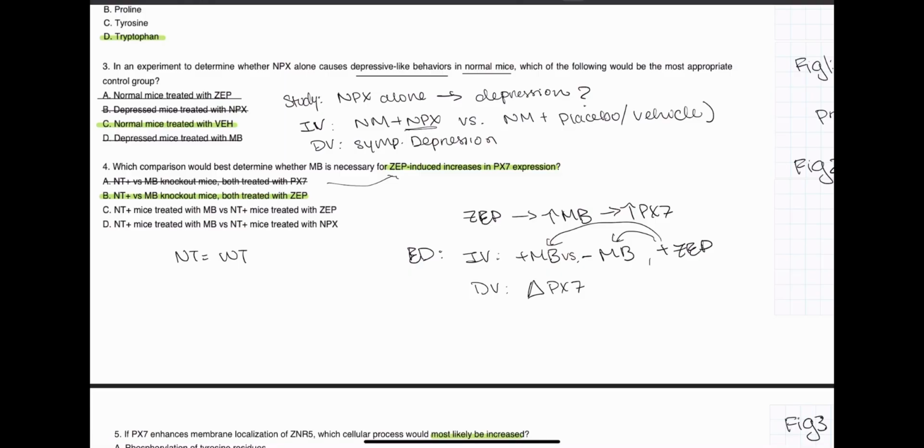So this won't let us have a direct comparison, nor will this tell us if MB is necessary for the ZEP-induced PX expression, because we have nothing to compare the administration to. There's no negative control. NT mice treated with MB versus NT mice treated with NPX. So NPX is bringing in another variable that we do not want.